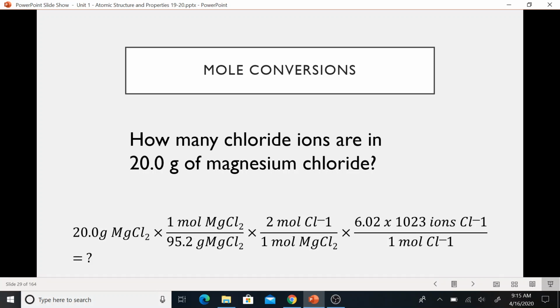You have 20.0 times 1 times 2 times 6.02 times 10 to the 23rd, and you're going to divide that by 95.2. And so you would find that you would have 2.53 times 10 to the 23rd chloride ions in that sample of magnesium chloride.